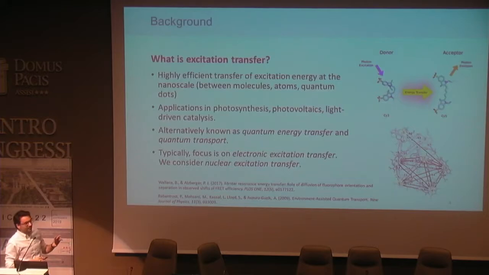So when we talk about nuclear excitation transfer, I should first introduce the notion of excitation transfer more generally. Excitation transfer on the atomic or molecular level has been studied for many decades, even though only in the last couple of years it's been better understood theoretically. Main areas of research that concern themselves with this topic are in biophysics.